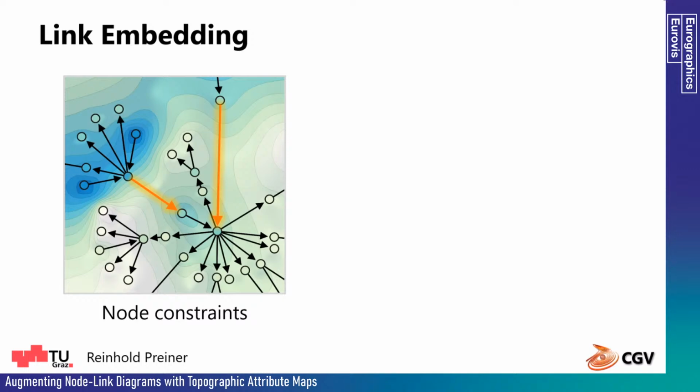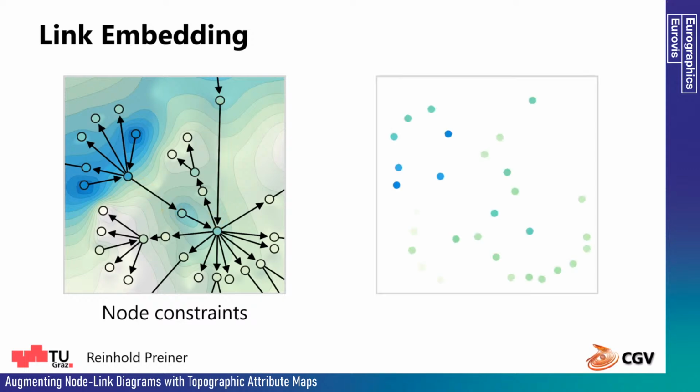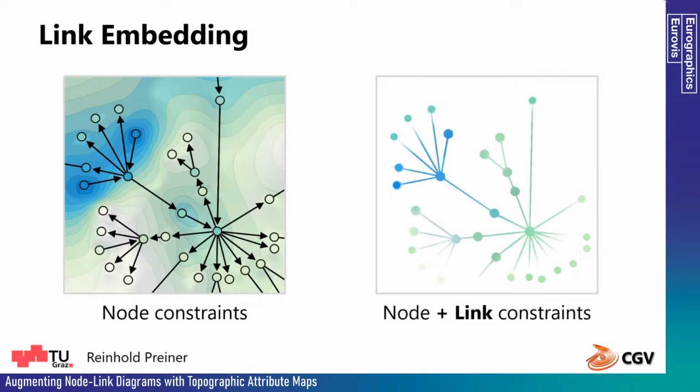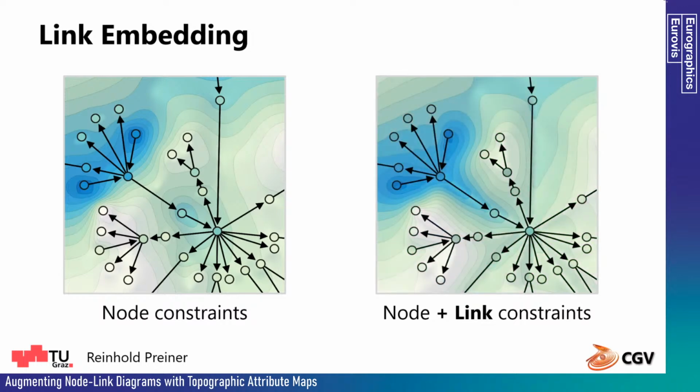So to improve the overall visual embedding, we therefore initialize the height field with additional constraints along the links that linearly interpolate their end node attributes. And this way, the edges become more naturally embedded into the landscape and follow a monotonic attribute slope.